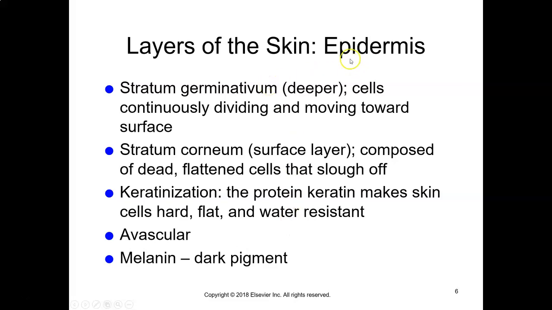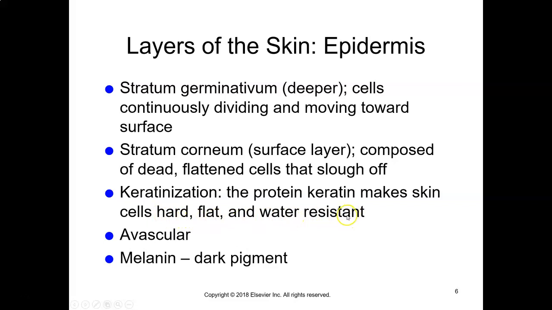So we talked about the epidermis and the germinativum, the deeper cells, and they're continually dividing and moving towards the surface. Now be following in figure 7.1, and this will continue to make sense. The stratum corneum, or the surface layer, is composed of dead, flattened cells that slough off. Keratinization: the protein keratin makes skin cells hard, flat, and water resistant.